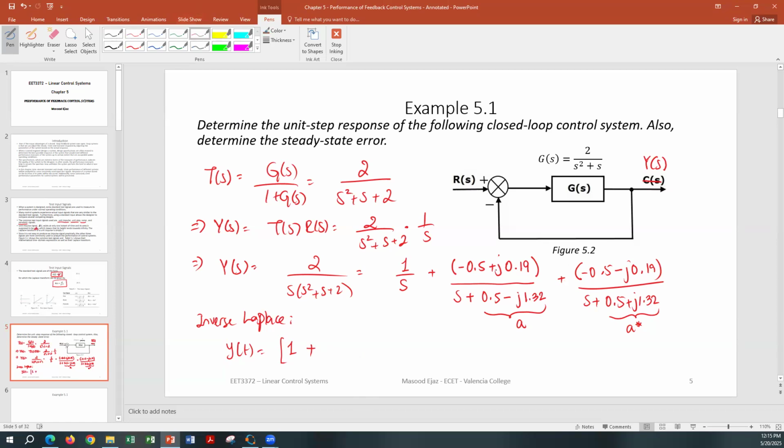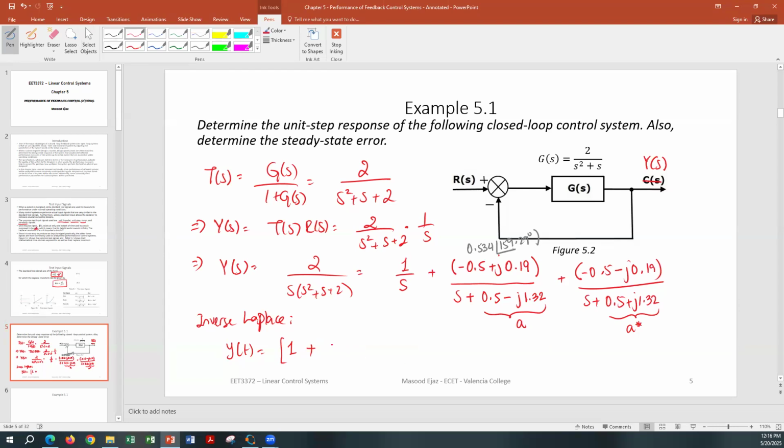First, we convert the numerator into polar form, which is 0.53 angle 159.29. You can look at the table, of course.